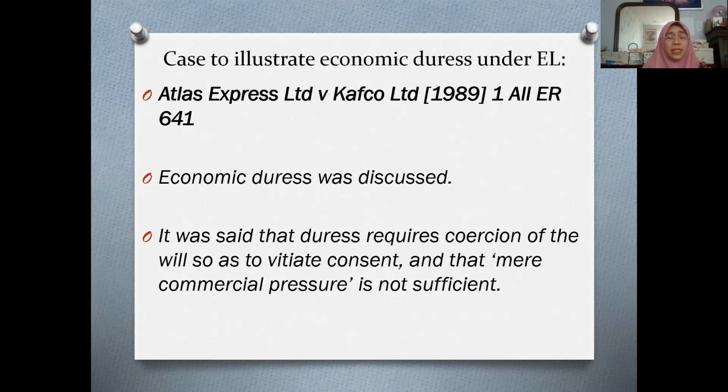Because economic duress was discussed by the court, and the court laid down the rule. It was said that duress requires coercion of the will so as to vitiate consent, that is, to weaken the consent, and the court distinguished it from mere commercial pressure. Mere commercial pressure is not sufficient; it has to be something more than that.